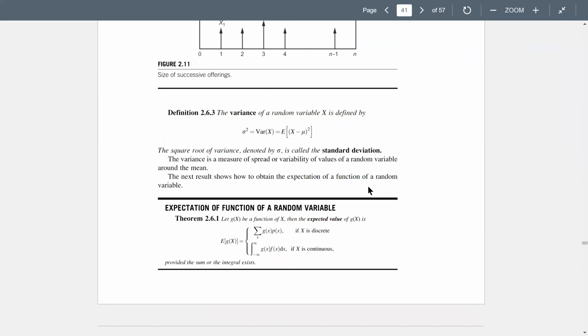Okay. Now, what's a variance? Variance is the expected value, or the average, of the squared difference of the value from the center, the expected value of the square of the deviations.